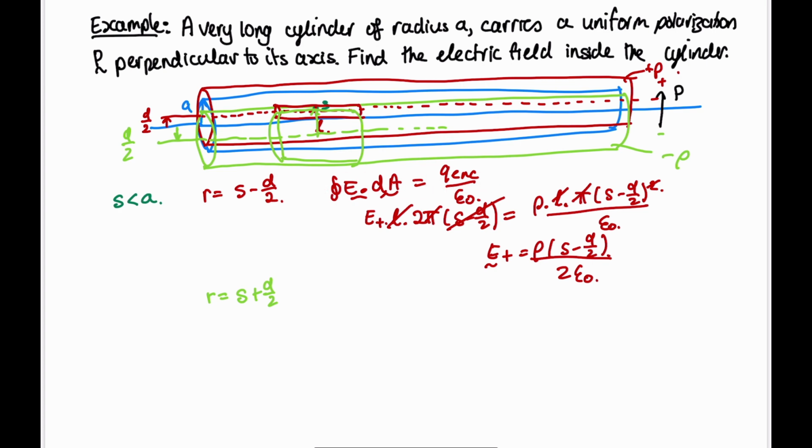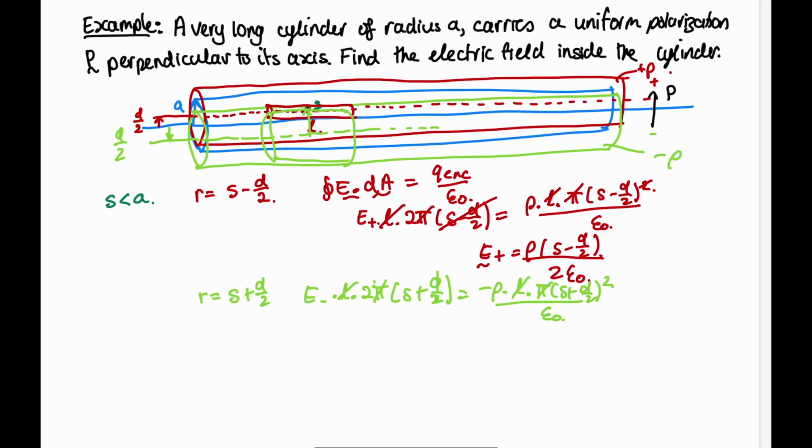But in this case, we've got E minus times L times 2 pi S plus D on 2 is equal to minus rho, in this case, times L times pi times S plus D on 2 squared divided by epsilon naught. We can do similar cancellations.